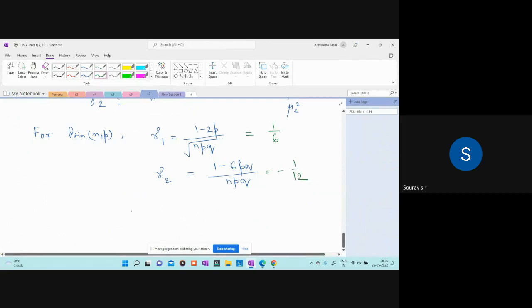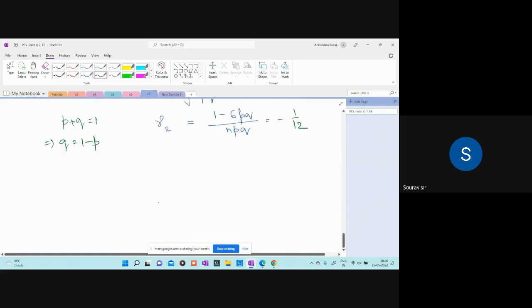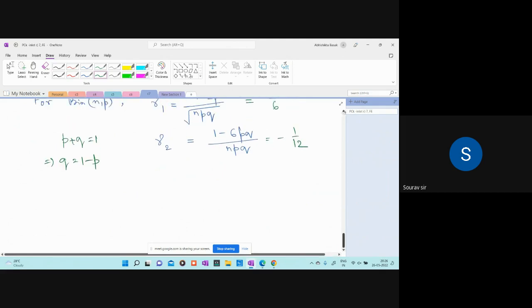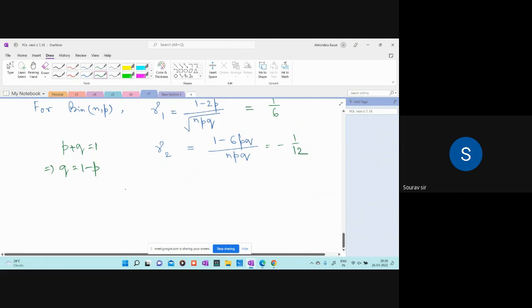Obviously there are not three unknown quantities. The unknown quantities are basically two, because we know p plus q is equal to 1, which gives me q is equal to 1 minus p. So I can rewrite these two, especially the first one: (1 minus 2p) by square root of np into (1 minus p) is equal to 1 by 6.